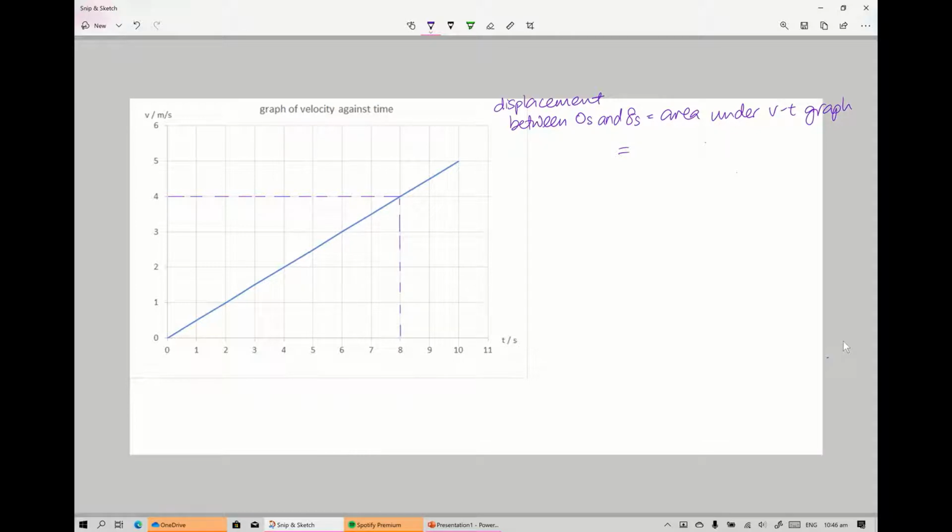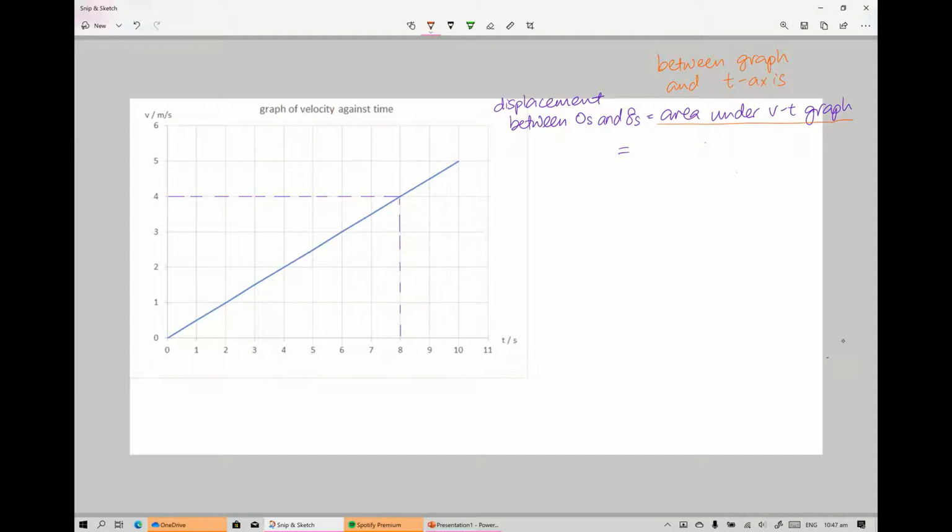Okay, so when we talk about area under VT graph, we are talking about the area between the graph and the time axis.